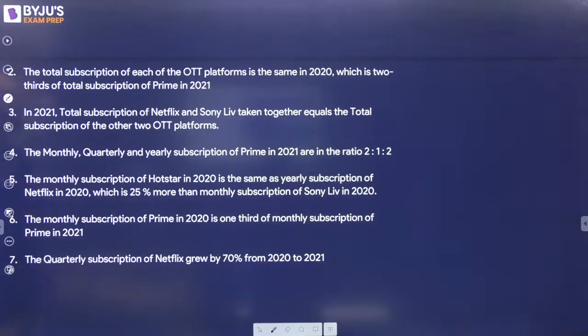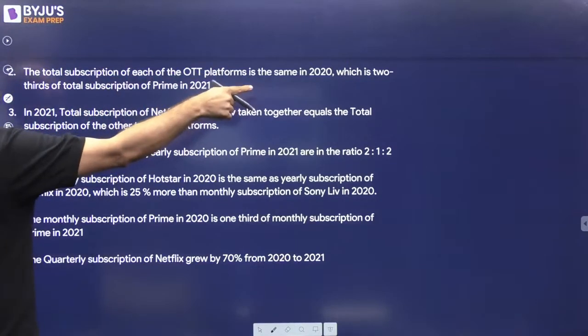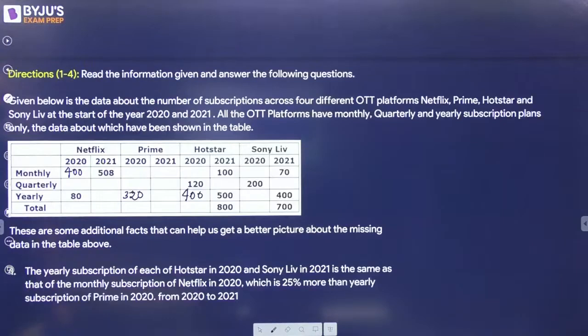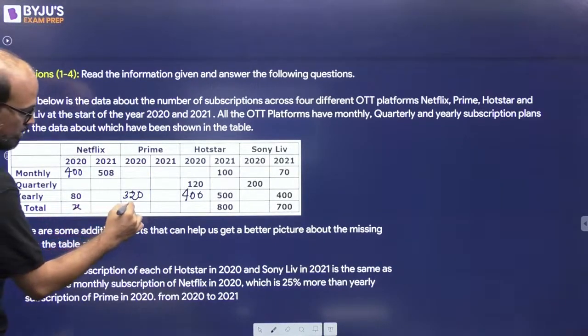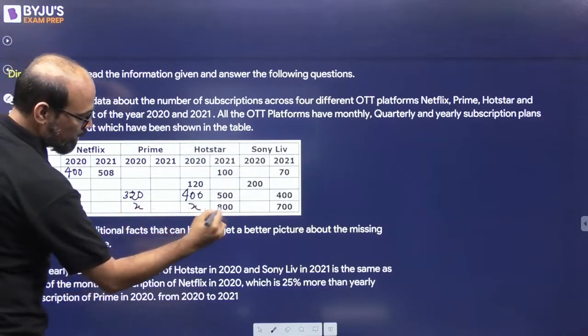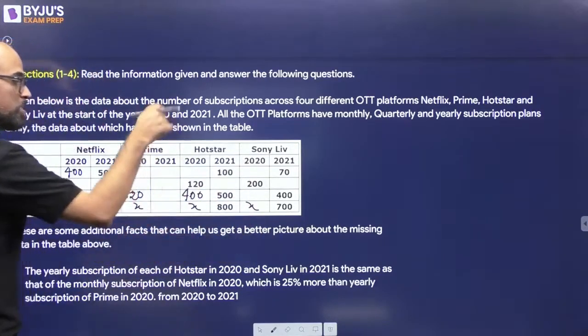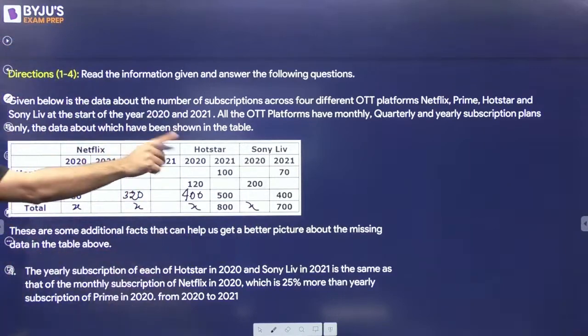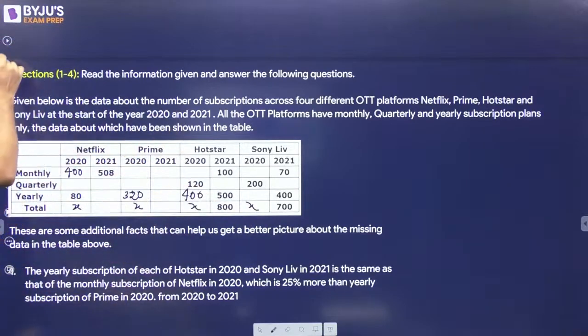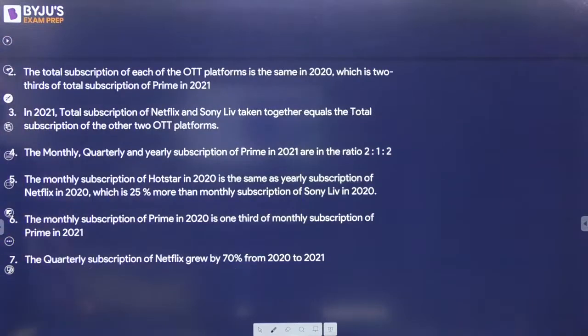The total subscription of each of the OTT platforms is the same in 2020, which is 2/3 of total subscription of Prime in 2021. Okay, so since it is talking about the total subscription of each of the OTT platforms in 2020, if I say this is going to be X, this is going to be X, this is going to be X, and this is going to be X. So the total subscription for each of the OTT platforms in the year 2020 is same, right?